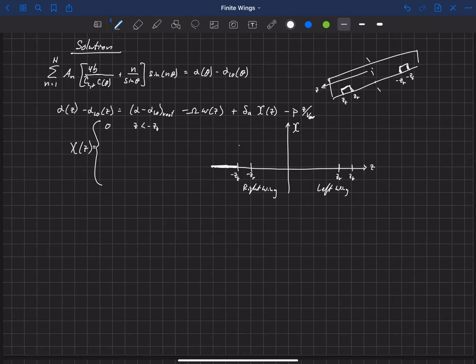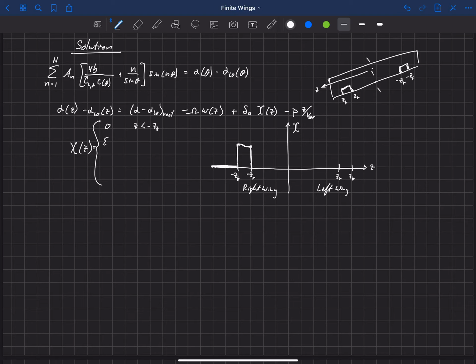Okay, then we get into the actual aileron region. The amount that our alpha minus alpha L0, or zero lift angle of attack, is changed depends not only on the deflection, but also on something called the flap effectiveness, which we've talked about before. And that flap effectiveness can change along the aileron. It could be a function of z if we wanted it to across that aileron.